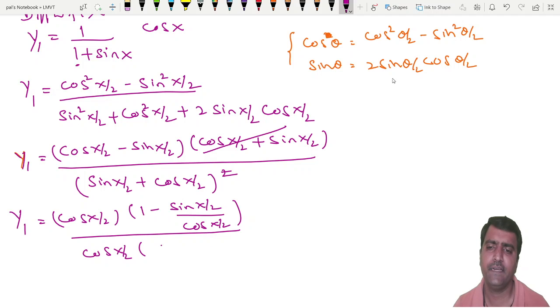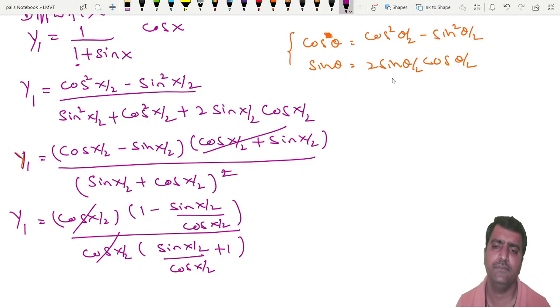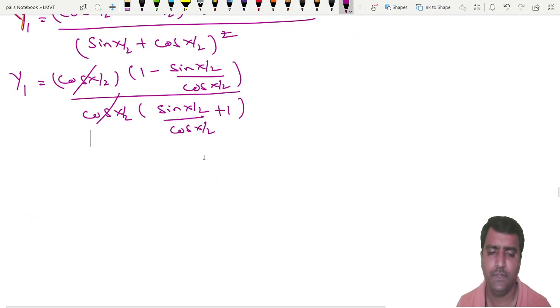Cos x by 2 common factor, what happens here, this is sin x by 2 by cos x by 2, because there is no cos x by 2 term here, to take it as a common factor, in the denominator we have to put a 1. So plus 1. So now again cos x by 2 cancel with cos x by 2. So you can write this is 1 minus tan x by 2.